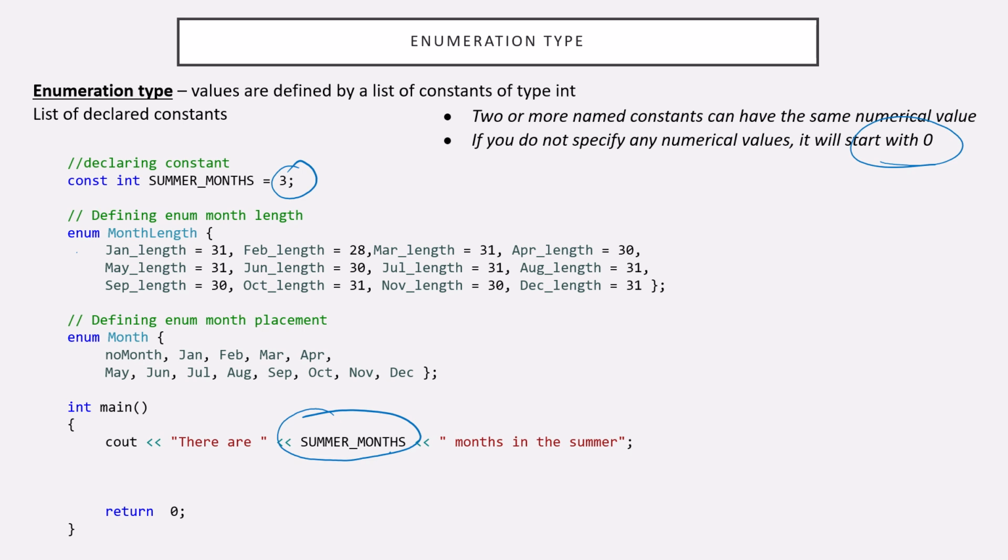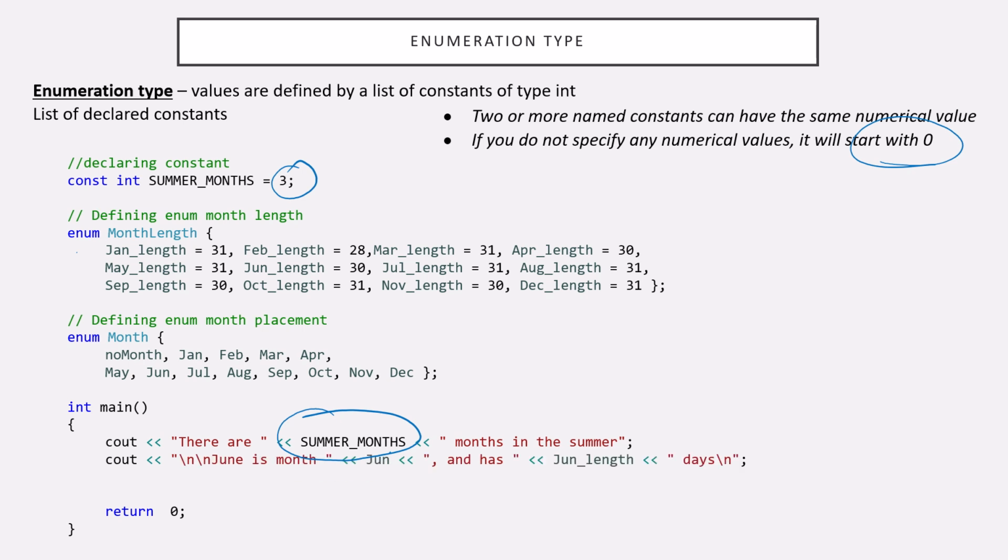And what makes it nice is, if you were using summer months 20 times in your program, and then you decide to go to a different place in the country that has 6 summer months, and summer months is listed 20 times or 200 times in your program, you wouldn't have to change it everywhere. You'd only have to change it once at the top, and then it would be replaced everywhere.